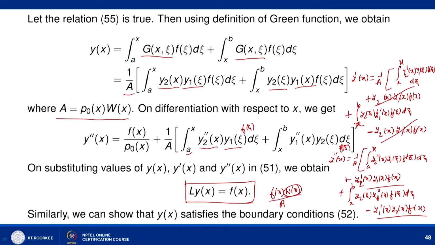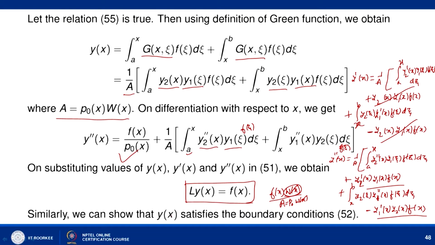Now, a is basically p naught(x) times W(x). So, if you use the value of a, p naught times W(x), this will cancel out, and we have f(x) times p naught(x) plus this quantity: the integral from a to x of y2 double dash(x) y1(xi) f(xi) d xi plus the integral from x to b of y1 double dash(x) y2(xi) f(xi) d xi.